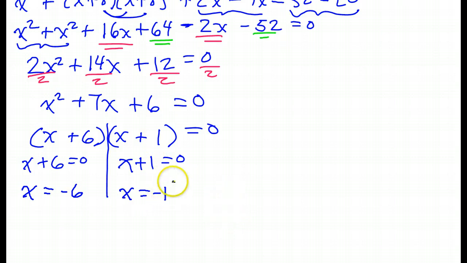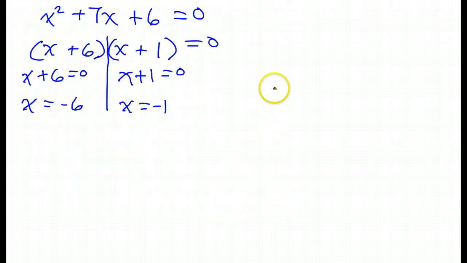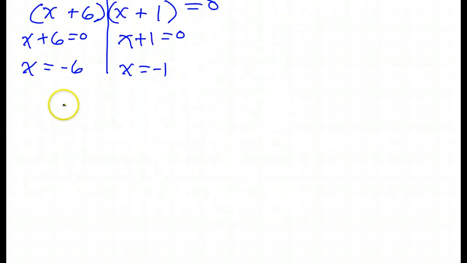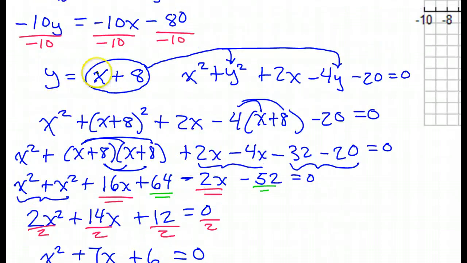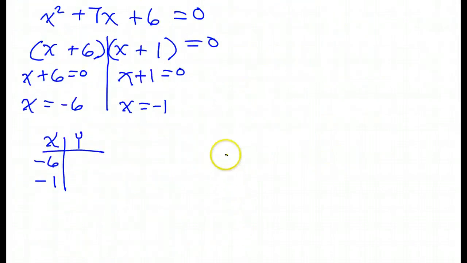Okay, so we have the x values, but we still need the y values. So if I think of this sort of as a table of values, and x's and y's, so I have a -6 and I have a -1. Now I need the y values that go with them. Now I am using this line equation, the linear equation, y equals x plus 8, to get my y values.